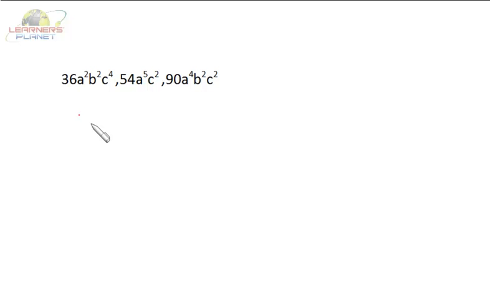Now let's see this question. We have to find out the HCF of these 3 expressions. So in the first step, let's find out the HCF of numbers. 36 can be written as 2 into 2 into 3 into 3, that is 4 into 9.